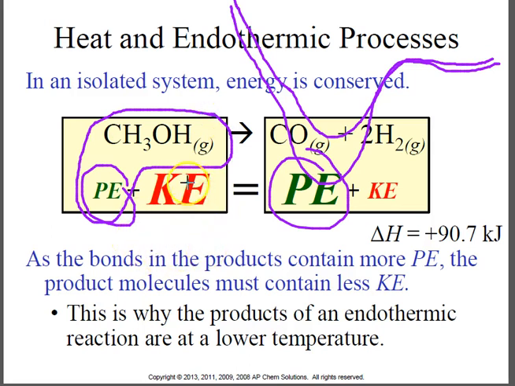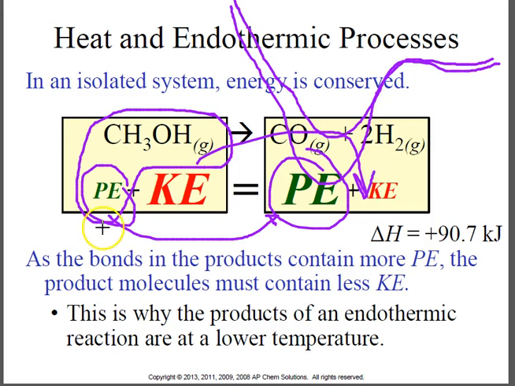The kinetic energy then can be high, and that's going to refer to your temperature or the particle motion. However, the products of this reaction have a higher potential energy. So that means the bonds are weaker. If our potential energy goes up, then our kinetic energy has to go down. So that means our temperature would decrease.